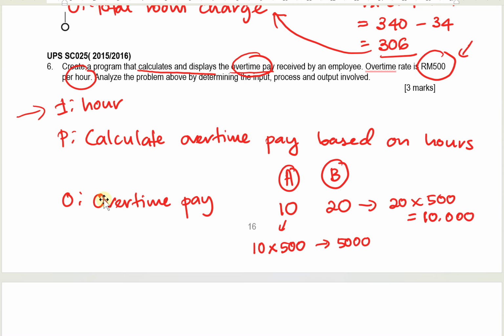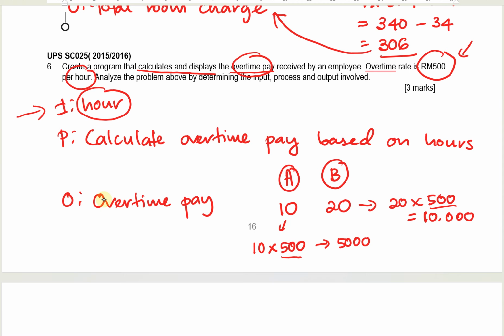Now for both employee A and B, the overtime pay rate is 500 ringgit. It's the same, so that's why you don't have to write it in the input, because it is a constant. The constant you write in the process later when you write a pseudocode and flowchart. So that's why the input is only hour.